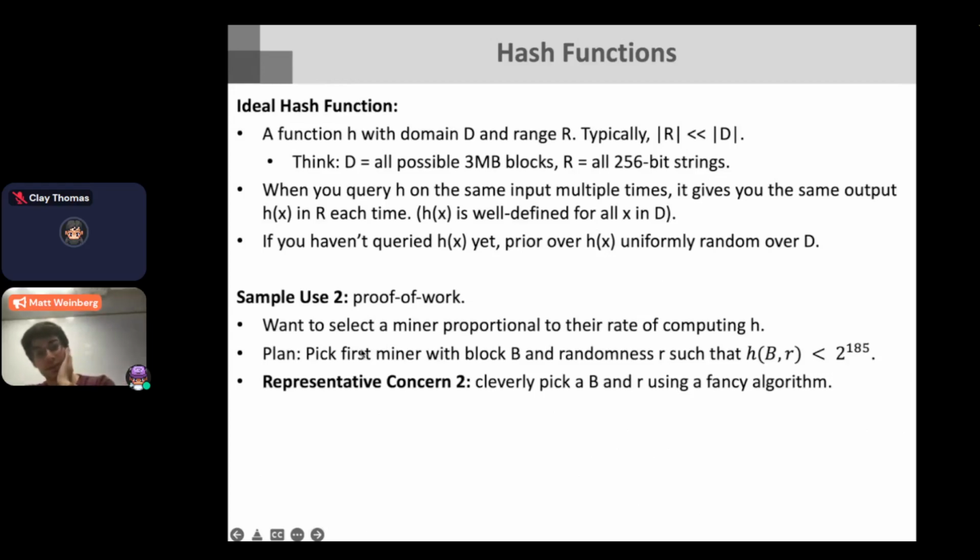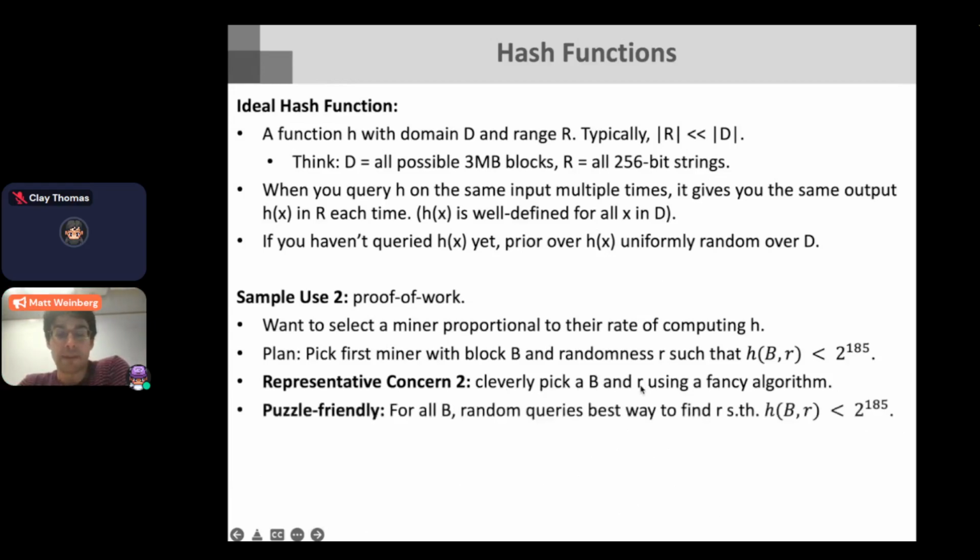A second representative concern is that maybe I'm really good at algorithm design and I can do something much more clever than just trying a bunch of different random numbers and hashing over and over. I'm going to come up with a fancy algorithm that's going to cleverly pick some block B and some randomness R. And this ideal construction has this property that's now called puzzle friendly.